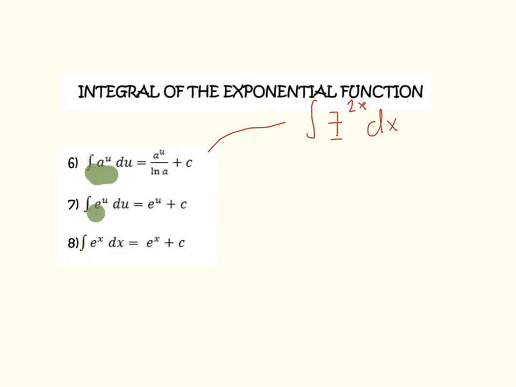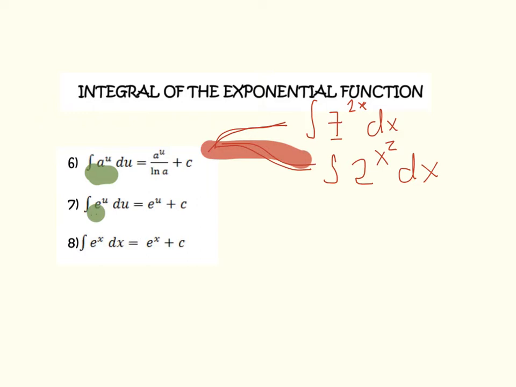Another example for the first one could be the integral of 2 to the x squared times dx. In these two cases, you use this rule because you have a base different from e. But if you have base e, like this one, then you use this rule.